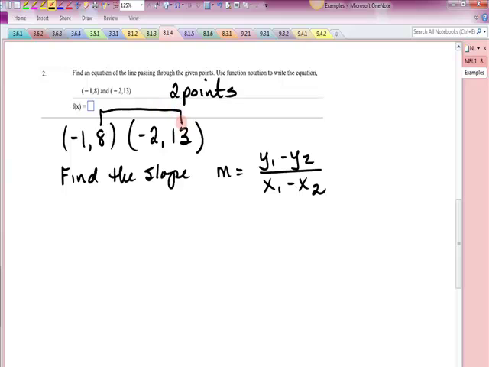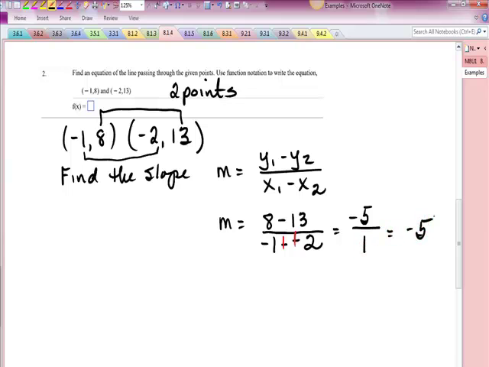So, difference of the y's on top, difference of the x's on bottom. That's going to be 8 minus 13 over -1 minus -2. Be real careful when you have minus minus, because I think everybody remembers that becomes plus. So I have -5 over 1, which is -5.